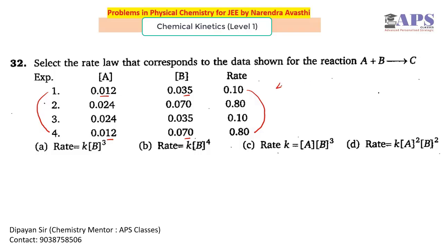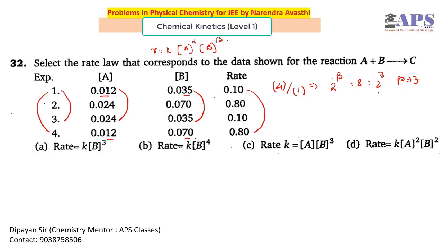So if we divide the rate equation of 4 by 1, we will get 2 to the power beta equal to 8, 2 cube, so beta will become 3. So the rate equation we can write like K, A to the power alpha and B to the power beta.